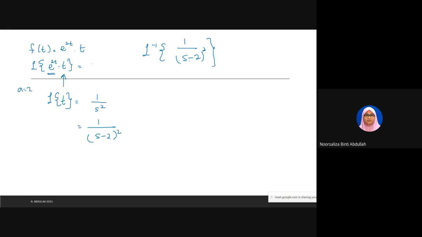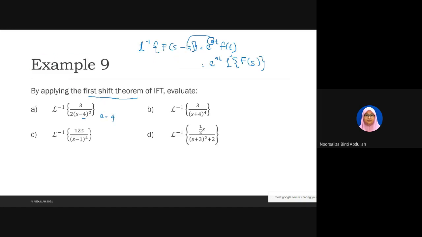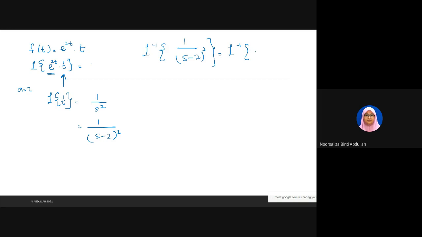This one is S minus 2. For S minus 2, you can use the shift theorem. It is an exponent, and your A is equal to 2, so here is exponent 2t.